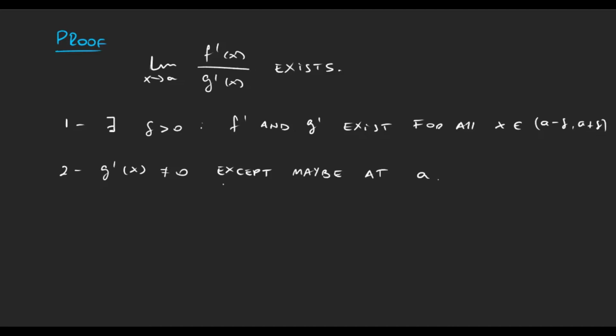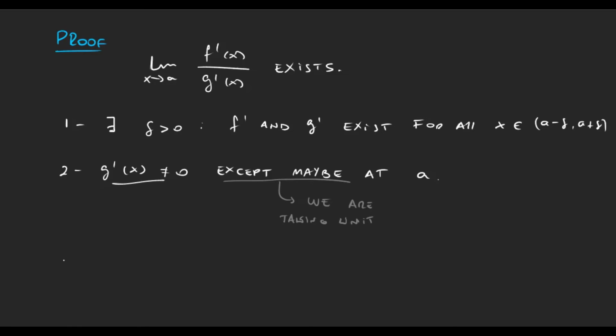This except maybe is because we're taking a limit, so we're not actually evaluating g at a. All we can say is that it's different from 0 on some neighborhood of a.